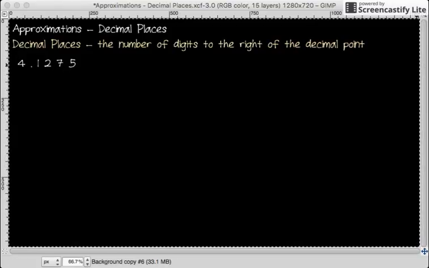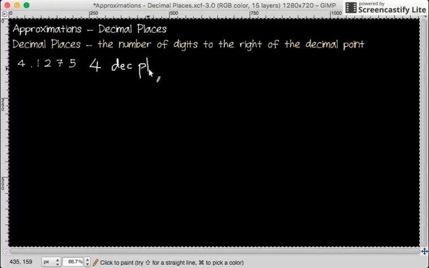That means it must therefore have 4 decimal places. I'm just going to shorten that to dec for quickness. Simple, right? Again, 1, 2, 3, 4.